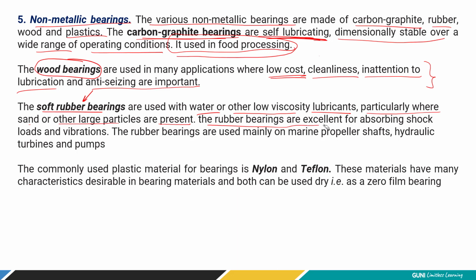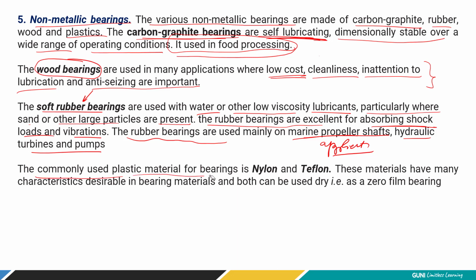The rubber bearings are excellent for absorbing shock because rubber is known for that, right? So it is going to absorb the loads and vibration. Rubber bearings are used mainly on marine propeller shafts. This is a specific application, right? It is going to absorb the load and shock. Also hydraulic turbines and pumps.